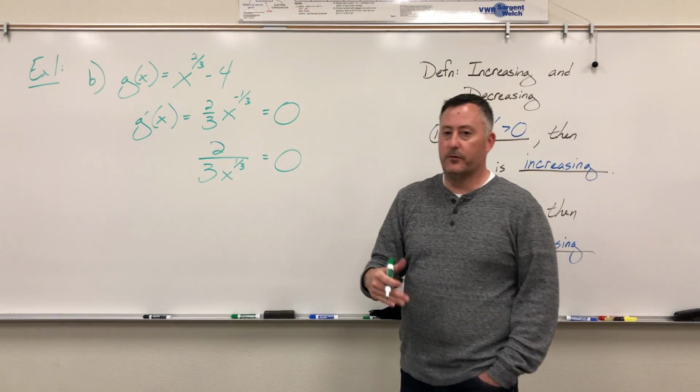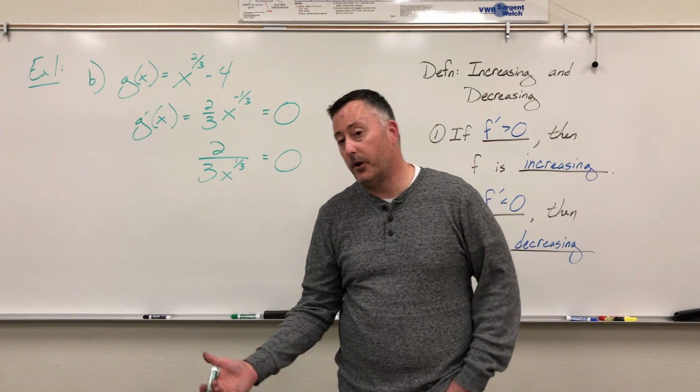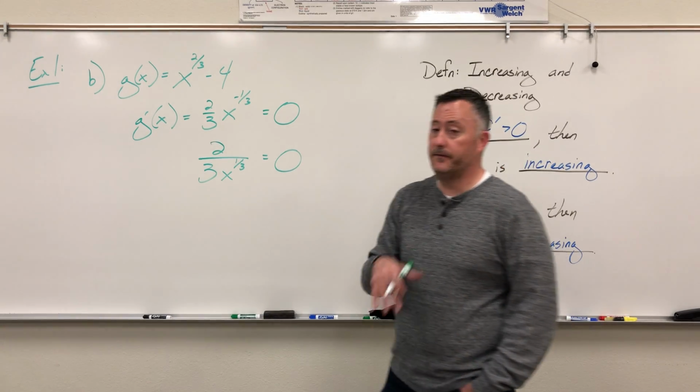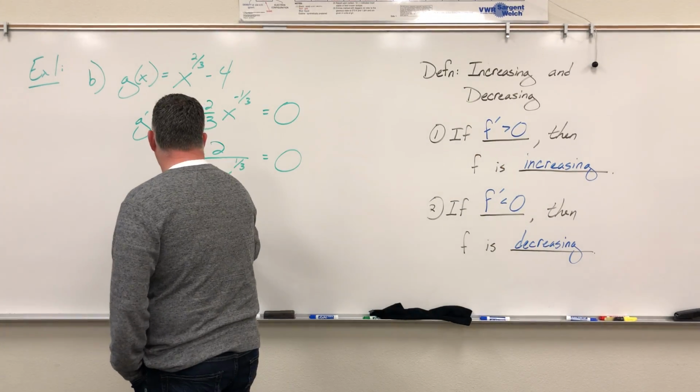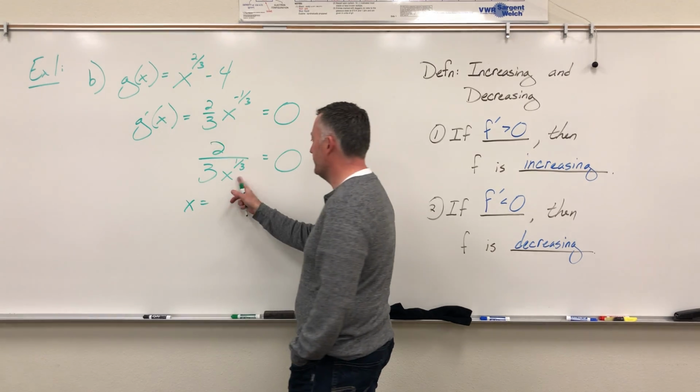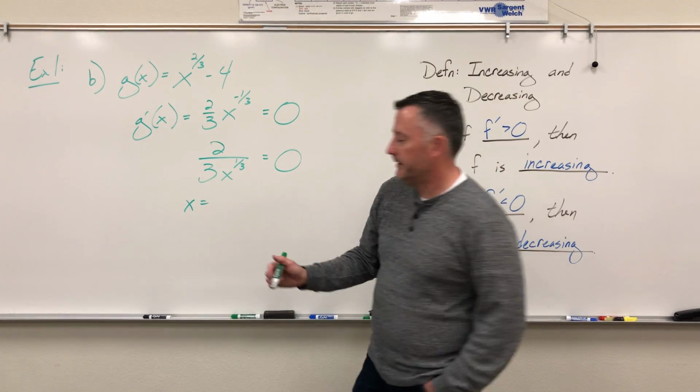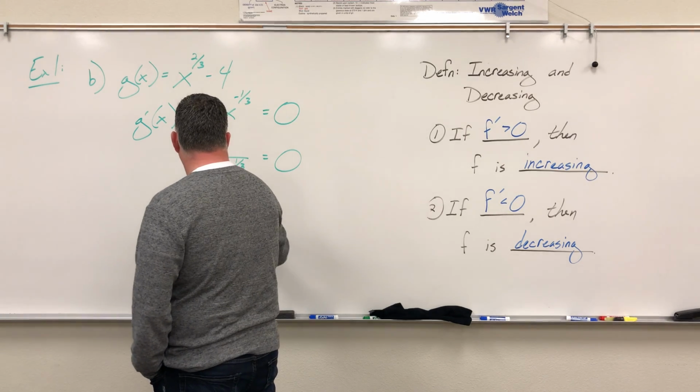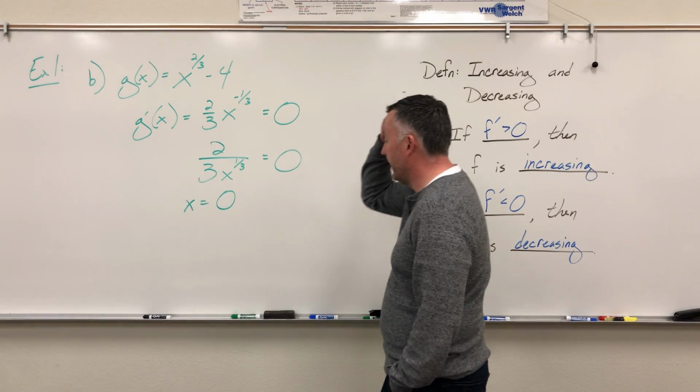Then you're solving for what makes the derivative either 0 or undefined. In this case, it's what makes it undefined, and that's the critical number we're after. So that's going to be right at x equals 0.